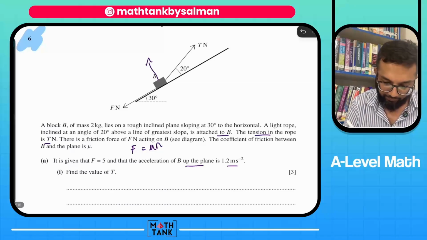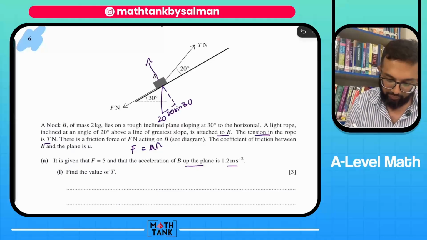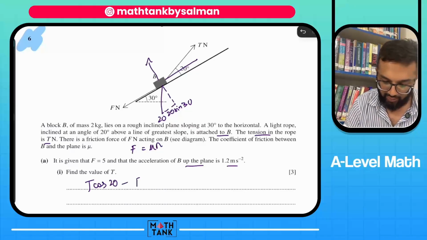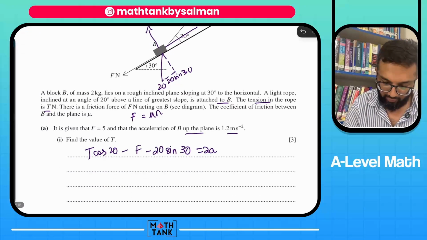So up the plane is T cos 20 minus F minus 20 sine 30 equals ma, which is 2 into 1.2.